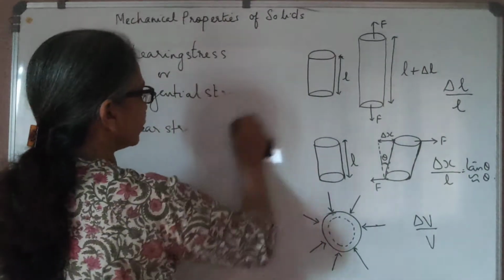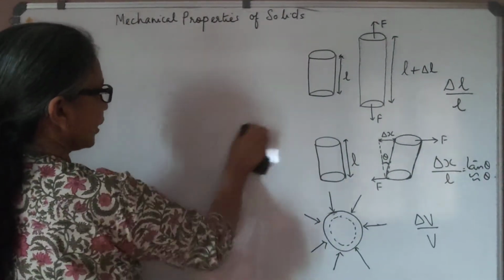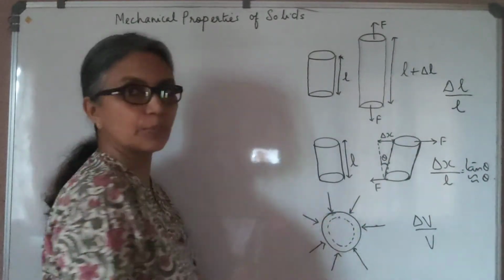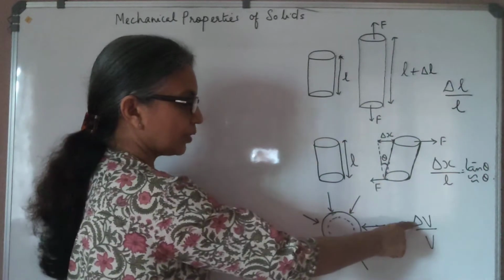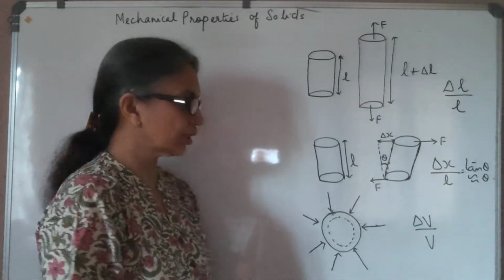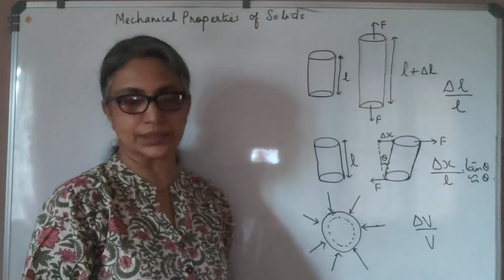Then we go on to the last one that we have seen here, that is pressure being applied, which is changing the volume of the body. So the change in volume is delta V, and the original volume we take as capital V. This pressure we normally call hydraulic pressure, which is again stress.